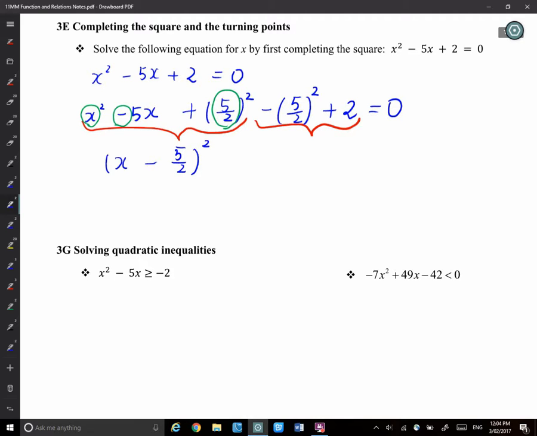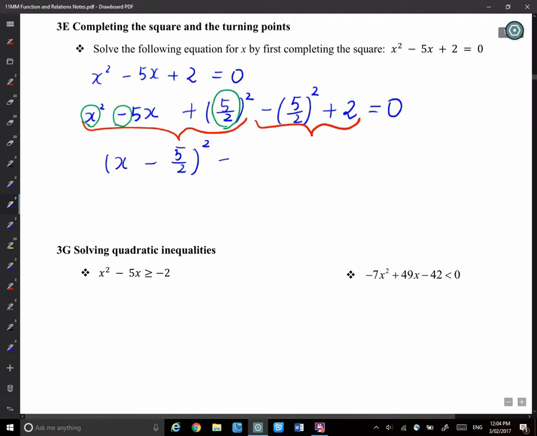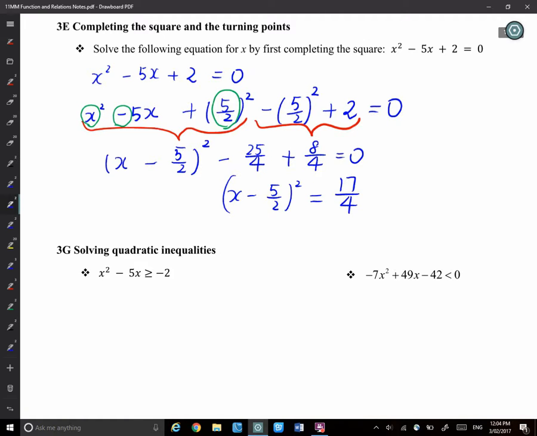Take the x, take the negative, take the 5 over 2, put them together, square them. And minus 25 over 4 plus 2. Plus 2 is 8 over 4. Equals 0. And x minus 5 over 2 squared will equal 17 over 4. If you move the constant to that side, it's negative 17 over 4, so moved to the right-hand side it will be 17 over 4.